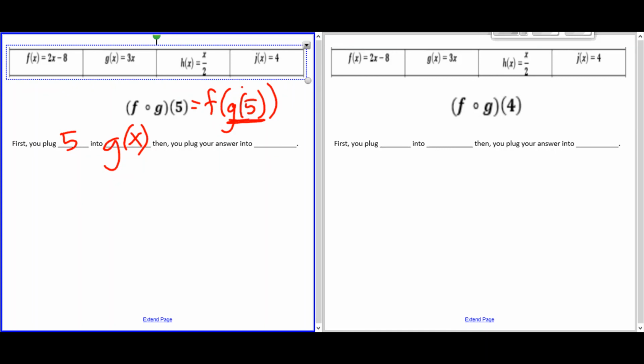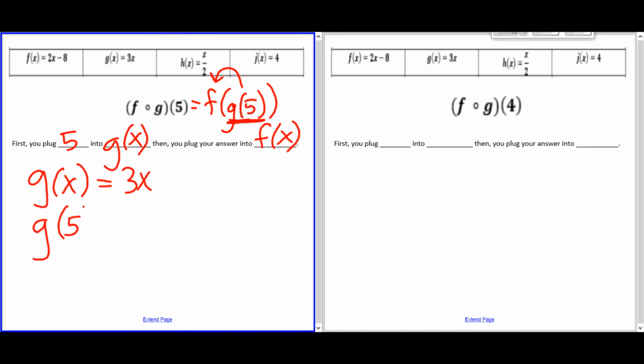Then you're going to plug this answer into f of x. So let's do g of x first. So g of x equals 3x. Now we're going to plug 5 into g of x. So g of 5 equals 3 times 5. So g of 5, 3 times 5, is 15.